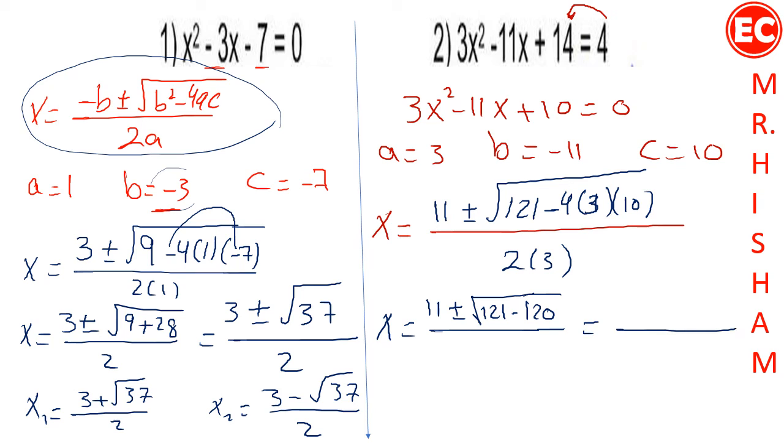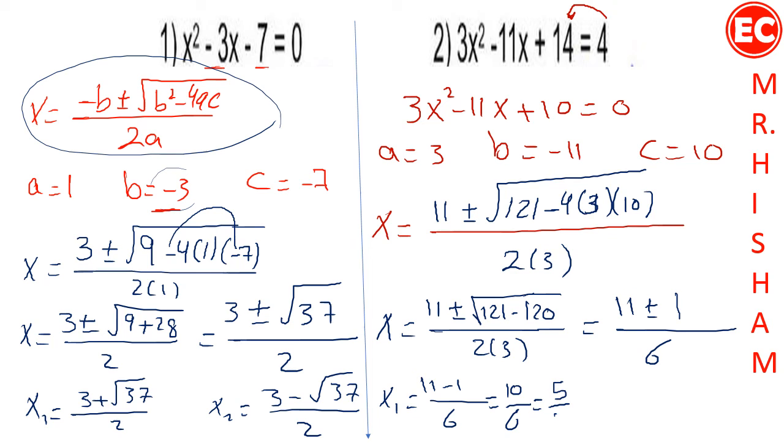So it's 11 plus or minus the root of 1, which is 1, divided by 6. So the first root is 11 minus 1 divided by 6, which is equal to 10 over 6. You can simplify it to 5 over 3 after dividing the numerator and the denominator by 2. And the second one is 11 plus 1 divided by 6, which is 12 divided by 6, which is 2.